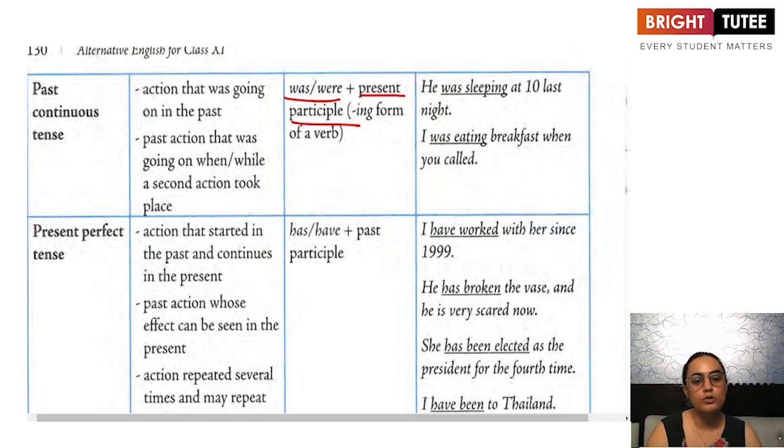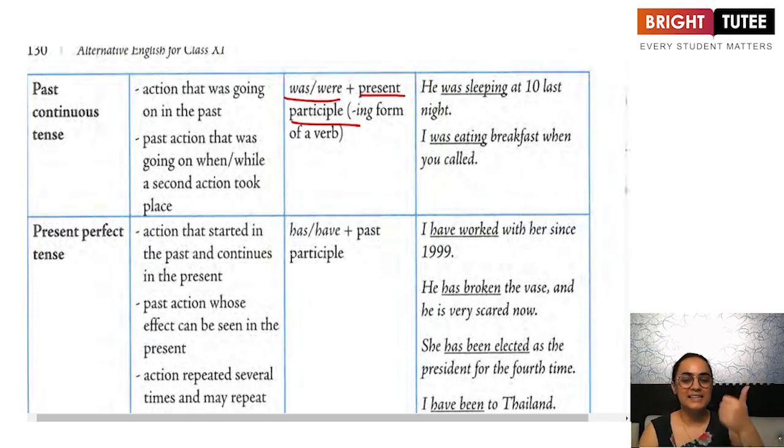Next, if I want to talk about the action that was going on, when or while some other action took place. For example, if I say, I was talking on phone when my father came home.